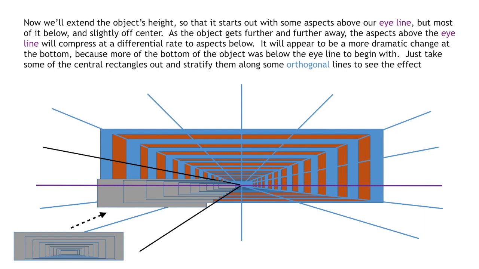So again, just take out some rectangles, stratify them along the orthogonal lines for their rate of ascent and descent, along some of the orthogonal lines, like I said, and you will see the effect. So you can see here in the bottom left, those are the rectangles that I pulled out from the perspective view, in a central perspective view, and then you just move the corners so that they stratify themselves along the orthogonal lines, which I outlined here in black.